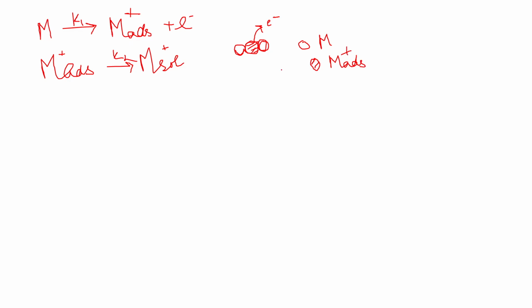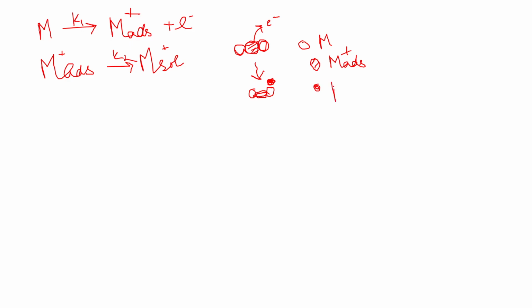That is M adsorbed. Now, after some time, it will leave a vacancy. Underlying there will be another metal electron, not on that surface but below it. So that electron has gone. This M adsorbed goes out into the solution, so that becomes M in solution.